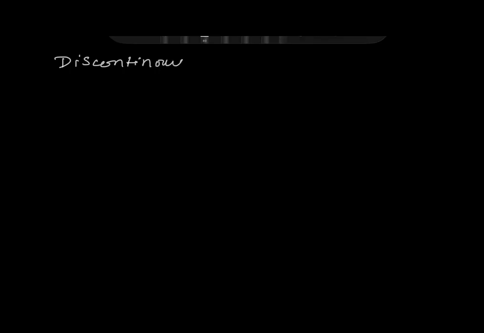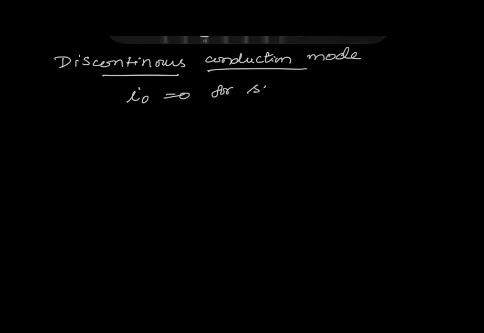In discontinuous conduction mode, the output current I0 will be 0 for some time. So the different intervals for discontinuous conduction mode will be from alpha.